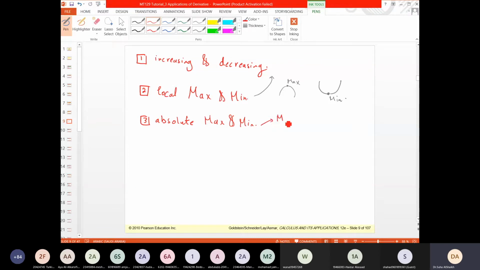Or from there we have the maximum value and we have the minimum value. In number 4, we talk about being concave up and concave down. And in number 5, we talked about the inflection point.